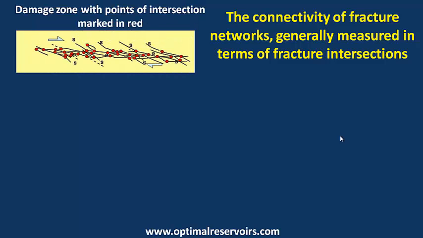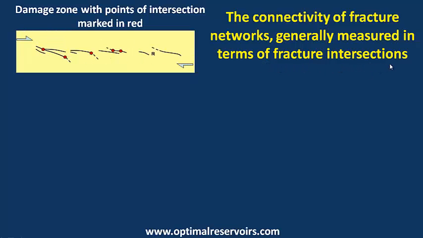The conductivity of a fracture network is generally measured in terms of fracture intersections. In this animation, the damage zone is shown with points of intersection marked in red.